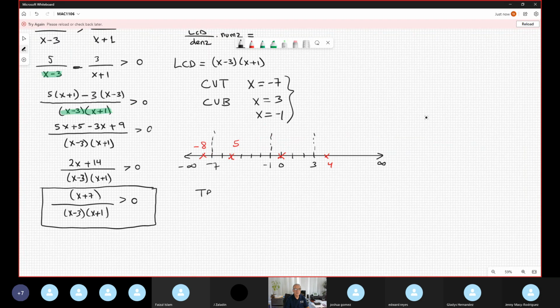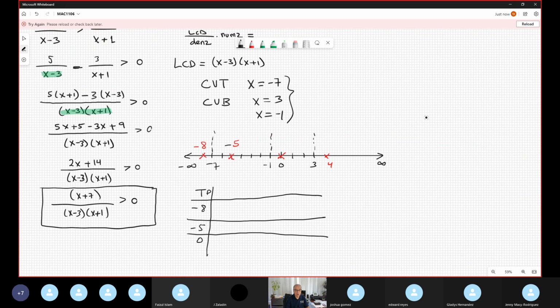Testing points: negative 8, negative 5, 0 and positive 4. And what are the factors involved in the problem?